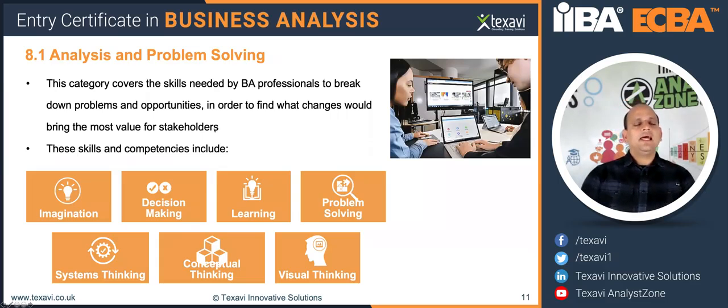So the first one, analysis and problem solving. Needless to say, it is in the name, isn't it? Business analyst or business analysis professional. The term analysis itself is very important, but I don't really give much importance to the solving bit of this, because I don't know how much of solving and the solution aspect would be relevant to a business analysis professional.